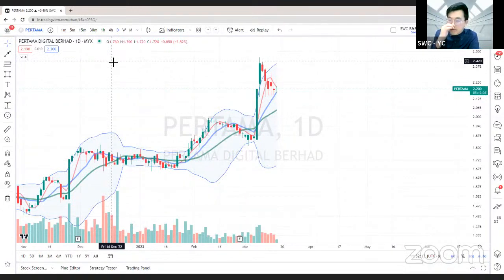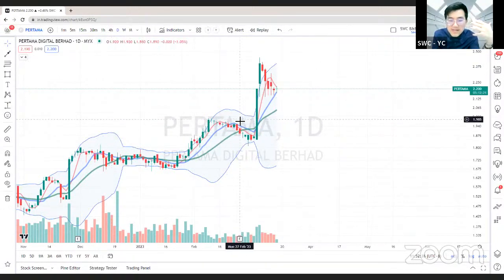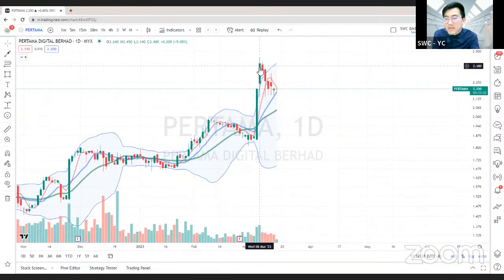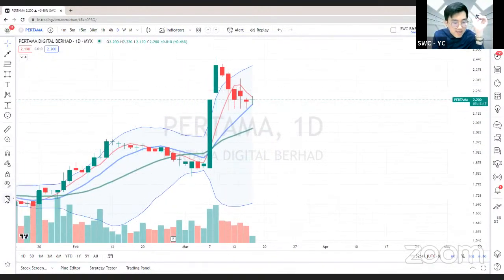We call it, direct translate, passively exit, meaning you only exit when the price goes down. If you actively exit, meaning the price shoots up to your desired point, then you exit. For example, let's say you have already entered near this zone.